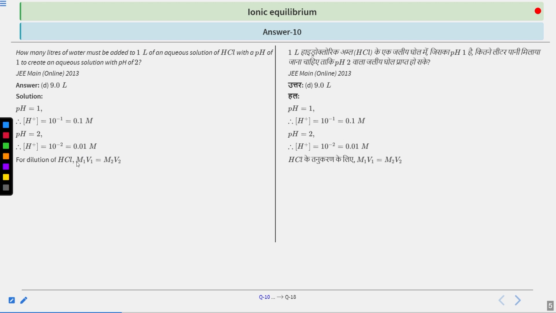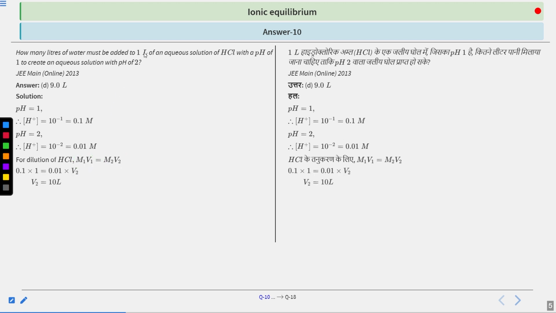Now for dilution of HCl, we are saying that the number of moles will be same. We are just diluting it, adding water, but not changing the number of moles of HCl. Hence, we can say that molarity into volume, that is M1V1 is equal to M2V2.